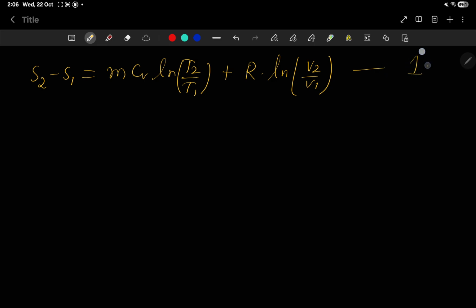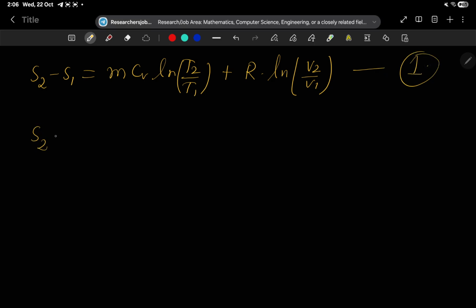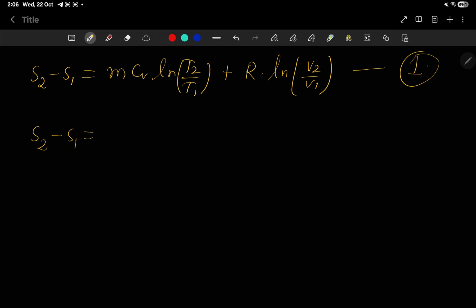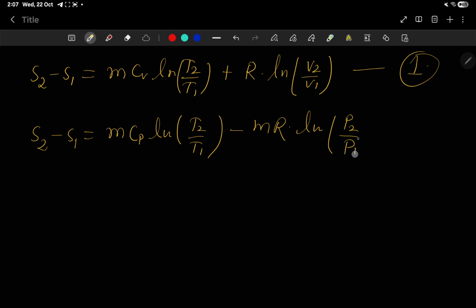Okay, this is relation 1, and another relation which is generated from TdS equals to dH minus VdP was, this will be m cp ln T2 by T1 minus mR ln P2 by P1. Here m will be there, right? So this is relation 2.